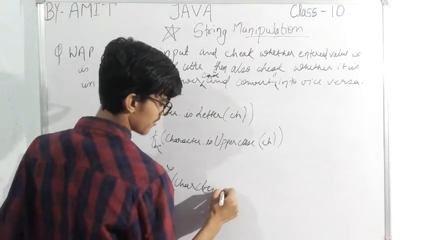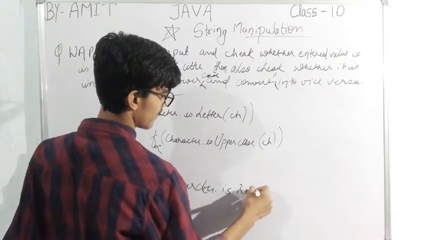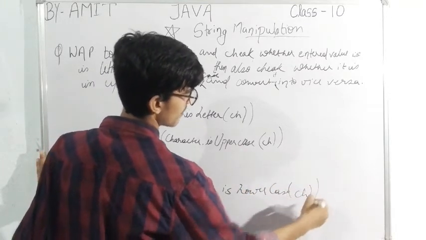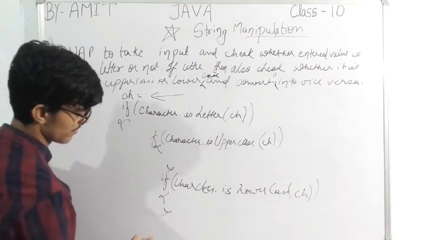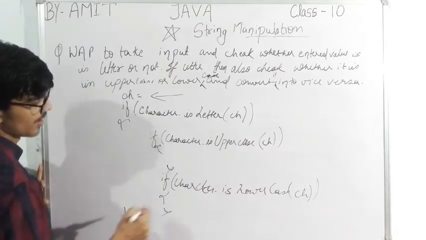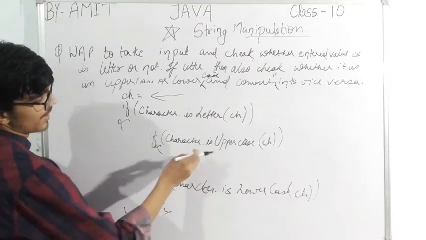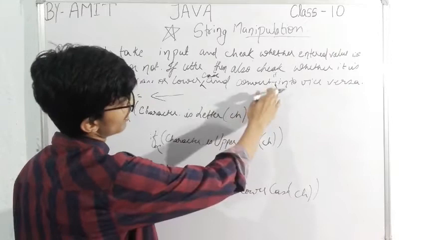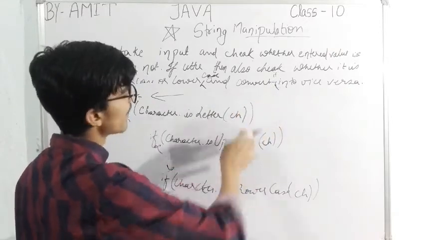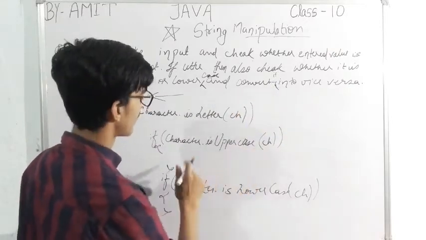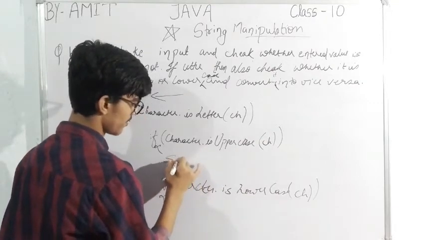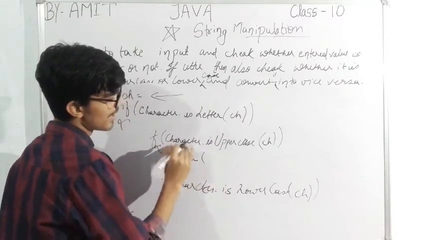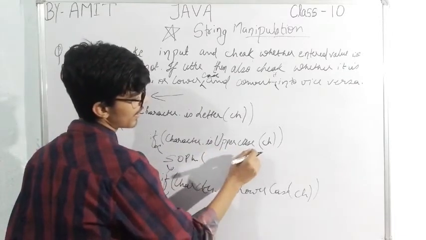Character.isLowerCase(ch). This we have done. Character.isUpperCase. If it is in uppercase, what do we have to do? Convert into vice versa. We have to convert it into lowercase. So System.out.println will directly print. Character.isUpperCase is there.